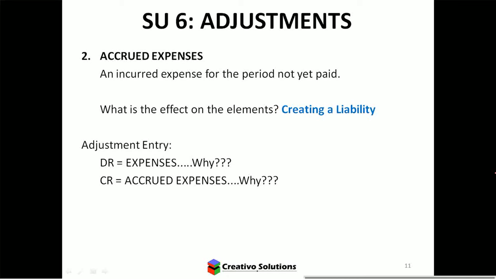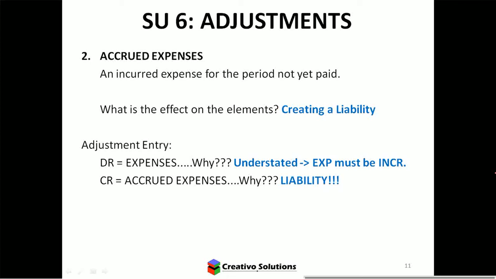So if your expense is too low, am I going to increase it? Yes. Where do expenses increase? On the debit side. Exactly. So understated expense, you need to increase it, and then you're creating a liability, which we now know is accrued expenses. Anything that we haven't paid will be viewed as a liability until we've paid it.